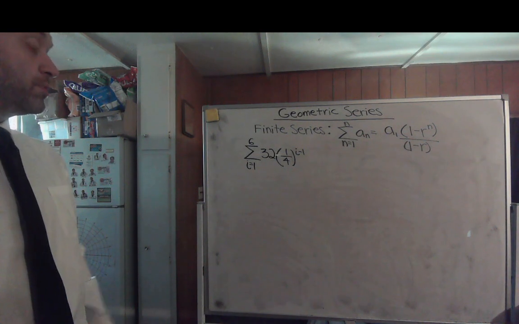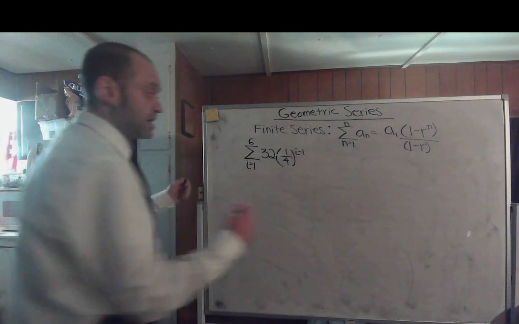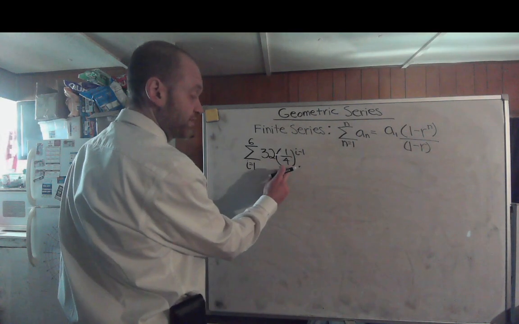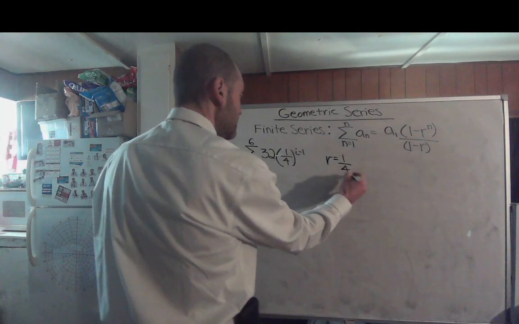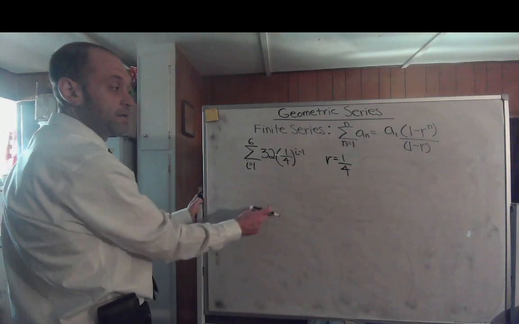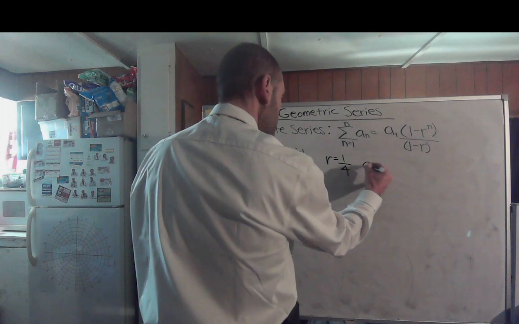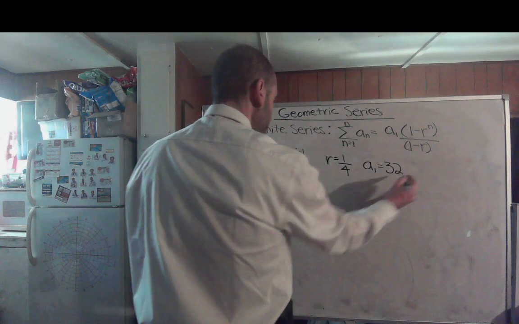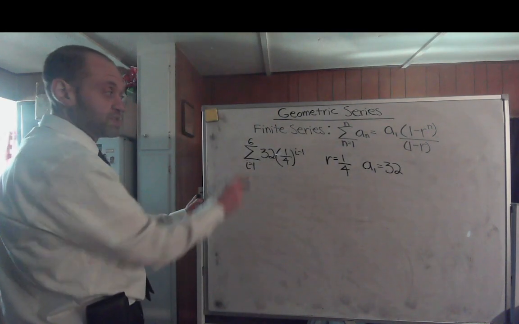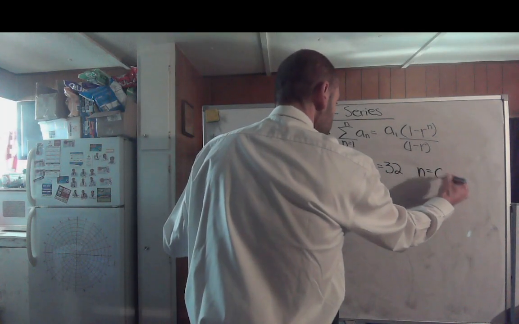Alright, well, let's first identify our common ratio as given here in the parentheses. The common ratio is 1/4. Our a sub 1 outside the parentheses is going to be 32. The number of terms is given to us above the sigma sign, so we have 6 terms.